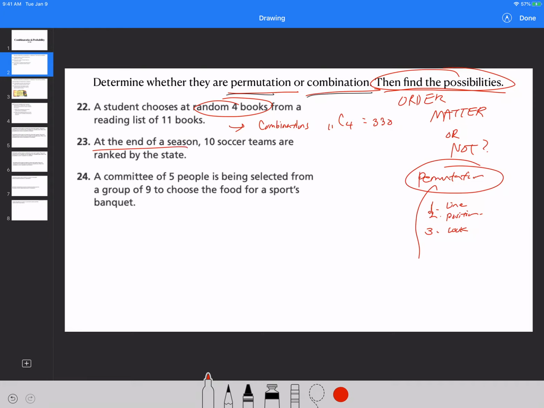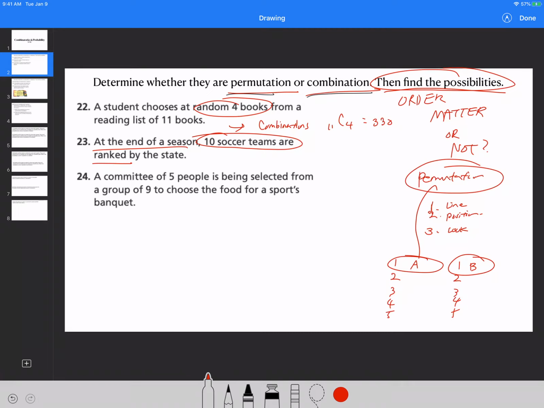At the end of the season, 10 soccer teams are ranked. Does it matter how it's ranked? Yes. If you're ranked 1, 2, 3, 4, 5, let's say, and then all the way down to 10th place, whoever becomes first matters. If I was to rearrange them and say that the first place is now team B, it certainly matters here.